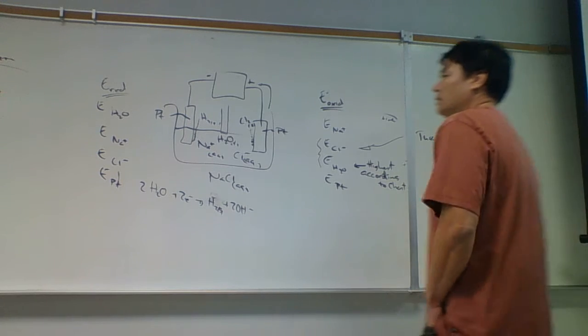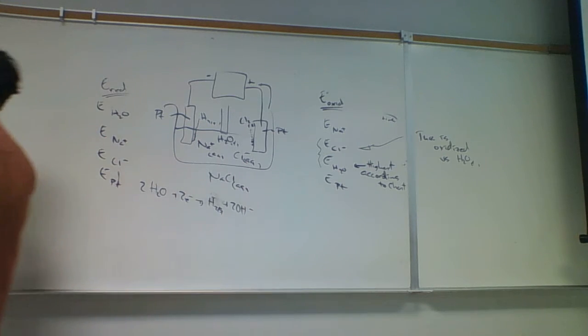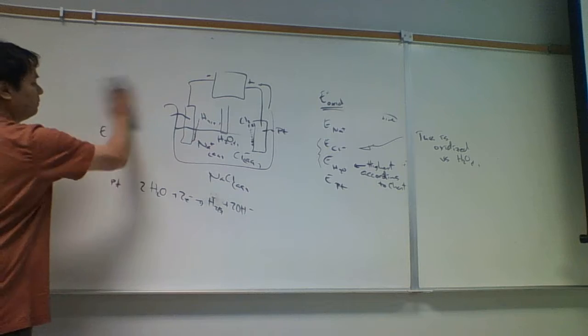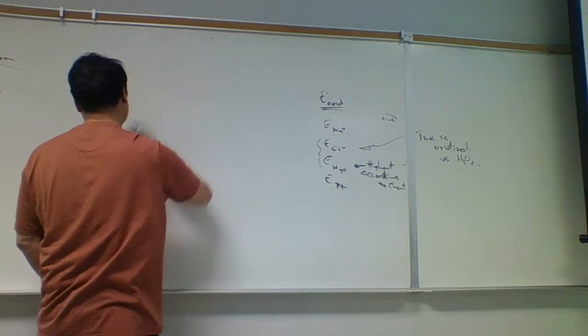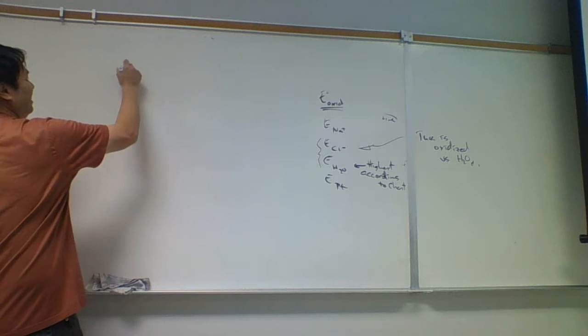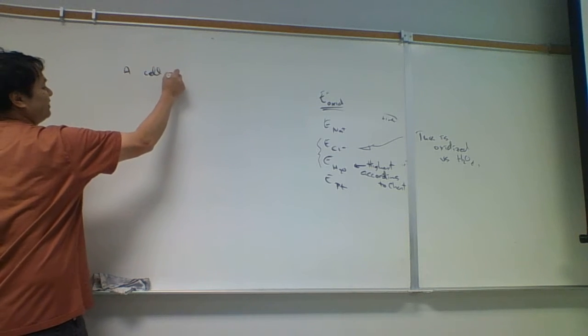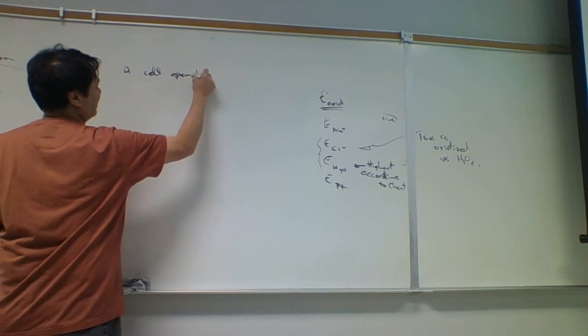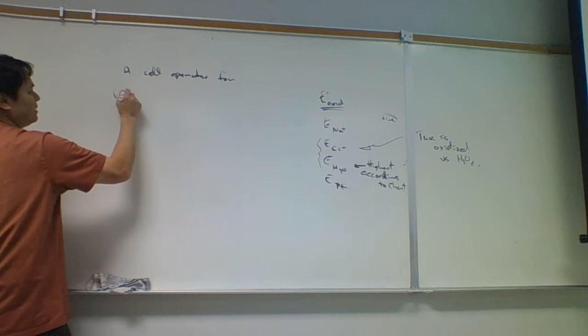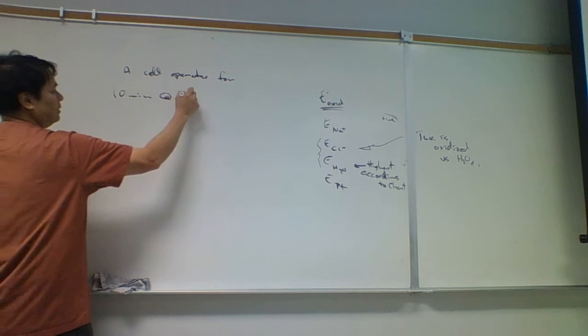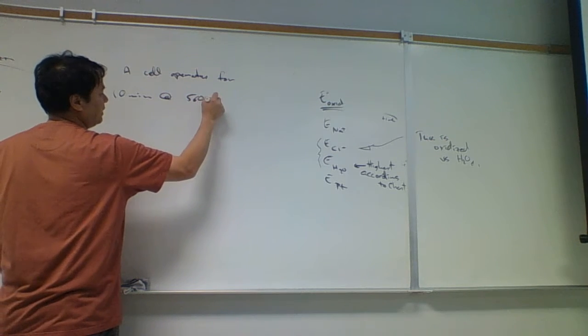So a cell, it could be an electrolytic cell or a voltaic cell, doesn't matter, any cell, operates for, let's say, 10 minutes at 560 milliamps.